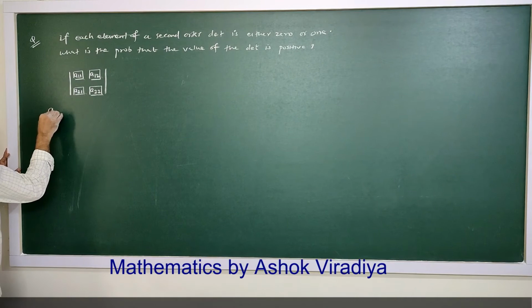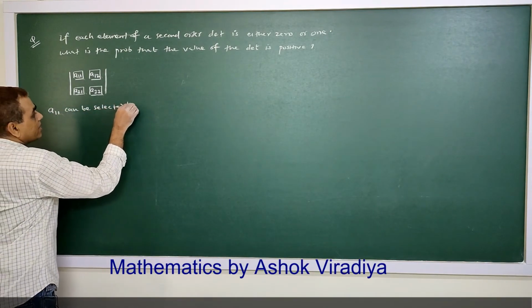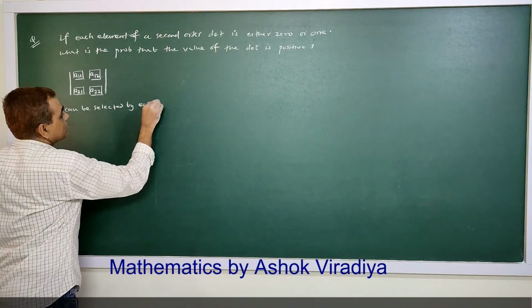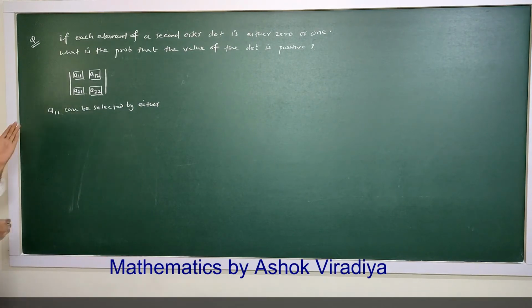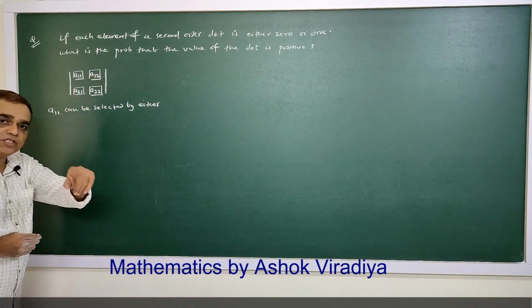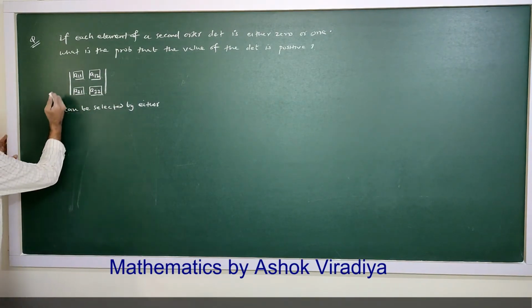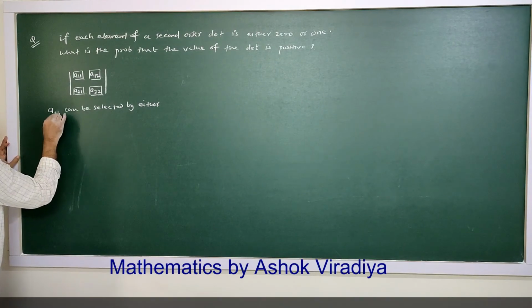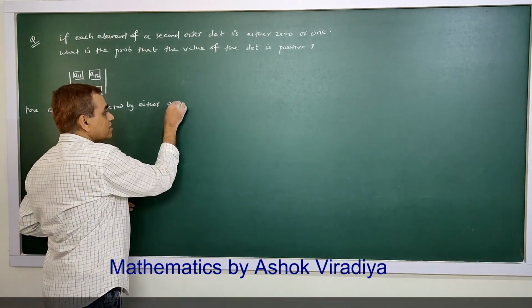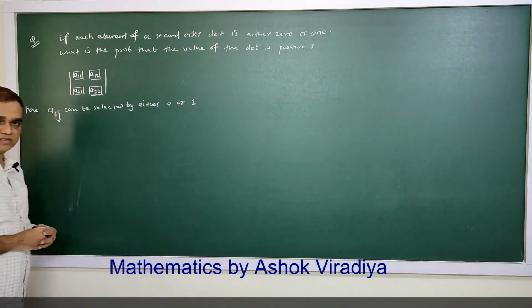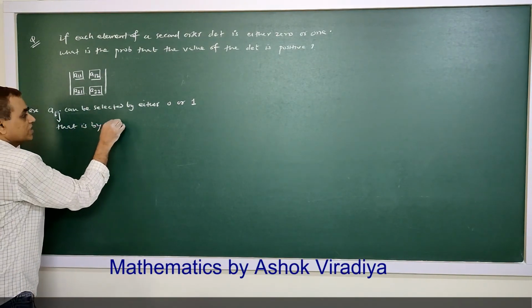So A11 can be selected as either 0 or 1. A12 0 or 1. A21 put 0 or 1. That means each Aij can be selected in two ways.